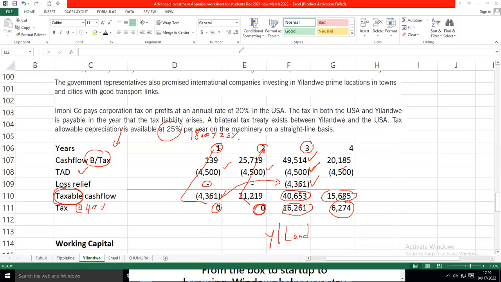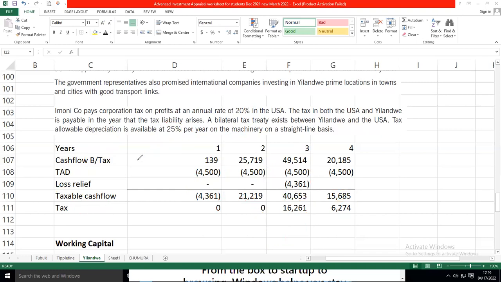What would I encourage you to carry from here? You carry the format. But each time I've got the loss relief, it's better I have the cash flow before the taxation, tax allowed depreciation, and the loss relief, so that I'm able to calculate my taxable cash flows on which I now pay the tax.